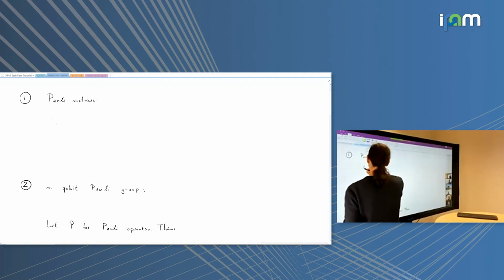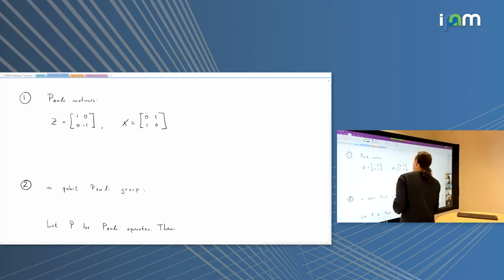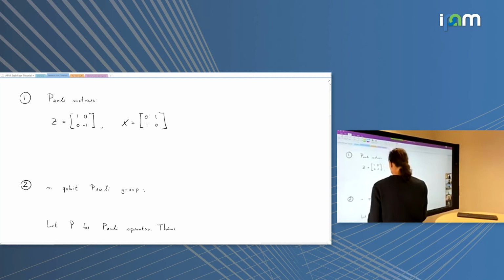So the big player here are the famous Pauli matrices, which are just 2x2 matrices that most people who have to do anything with math or physics come across sooner or later in their lives. So let me define the Z matrix and the X matrix. These are all we need.